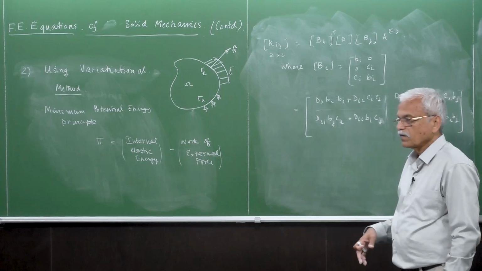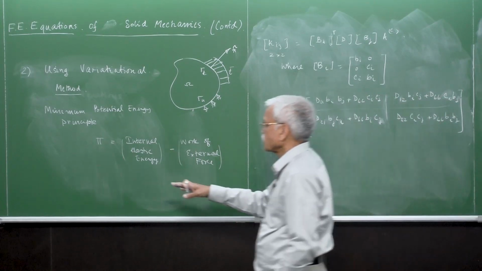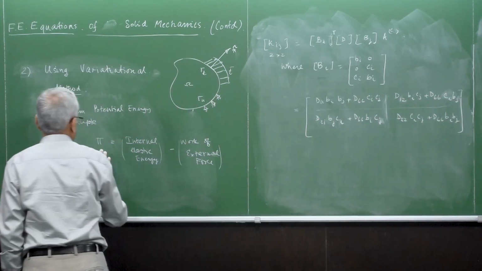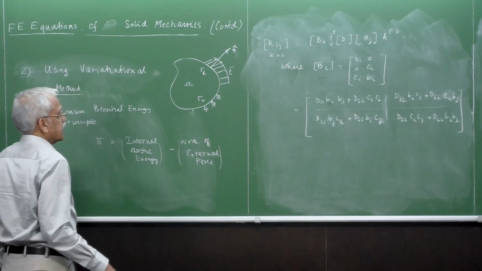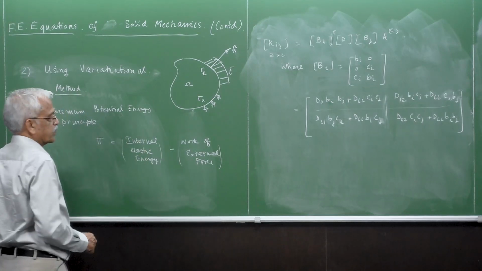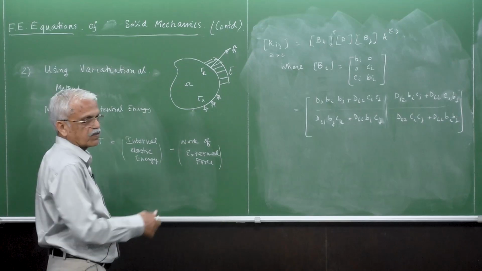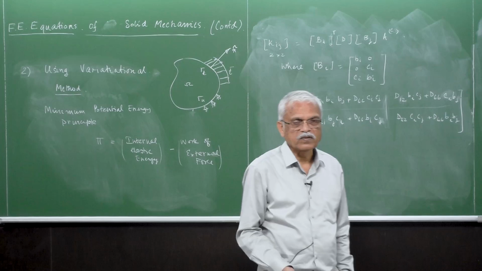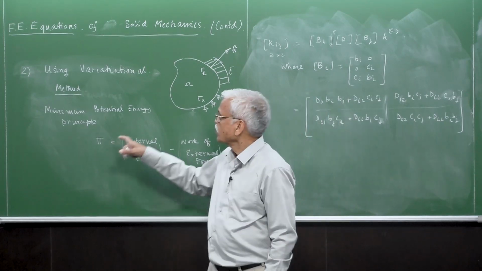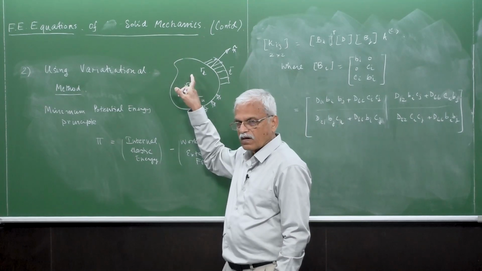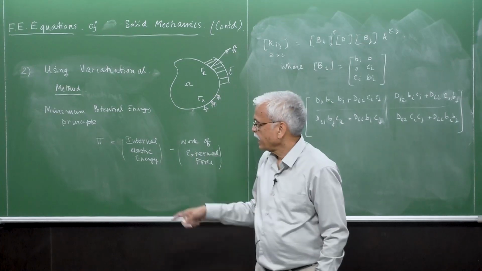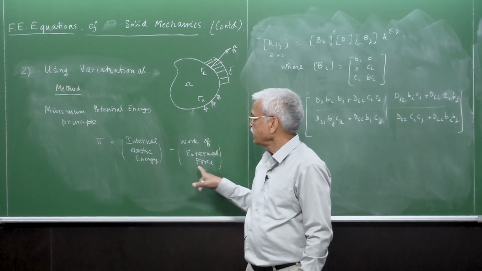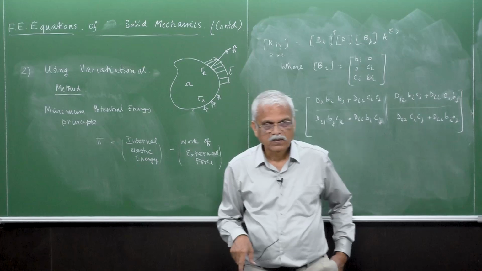So this is what we have to find out to start with, the potential, and this potential will be in terms of, obviously, the displacements. This is a deformable body, so the displacements of various points will contribute to the internal energy as well as the external work done.